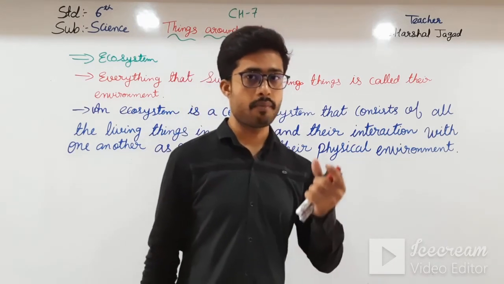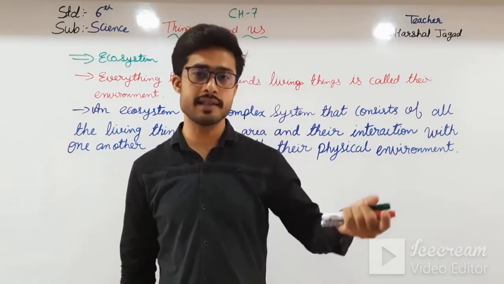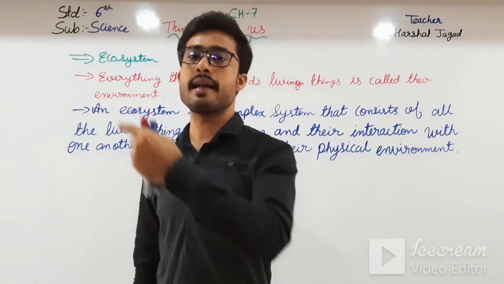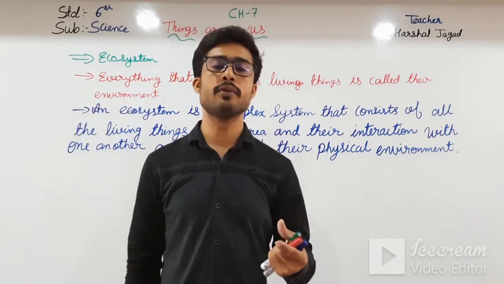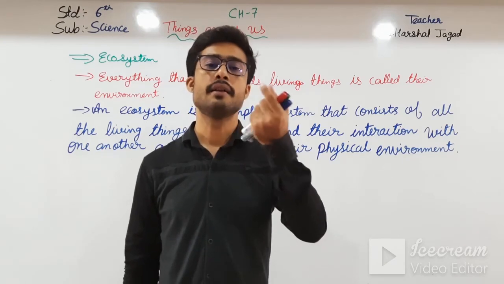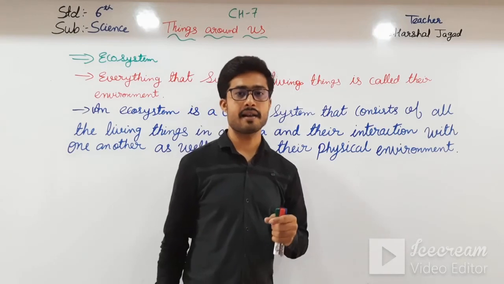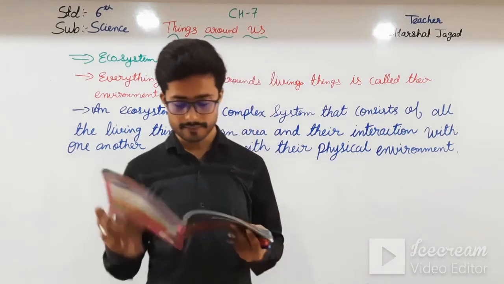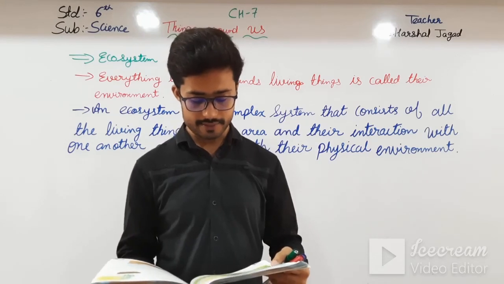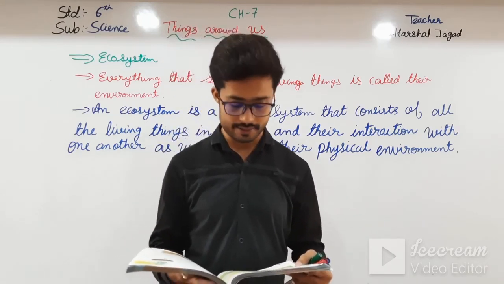We know that plants take in carbon dioxide and release oxygen to make their food, and we humans and animals take in oxygen and release carbon dioxide. Okay students, so these things are there. See here, a picture is given. Biotic factors such as plants and animals depend on air, which is an abiotic factor.